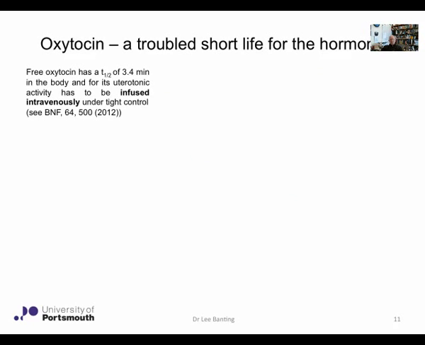We mentioned that oxytocin has a short lifetime in the body, so as a result, oxytocin has to be carefully controlled. It has to be infused intravenously to maintain its action, because its half-life is so short. And we discussed the reasons for that.